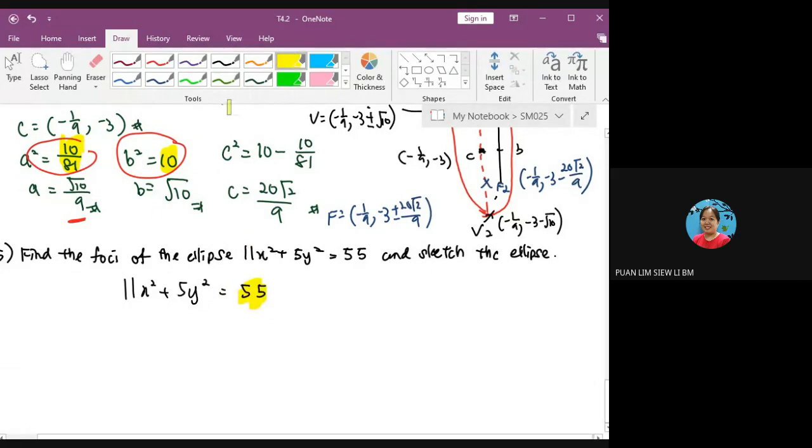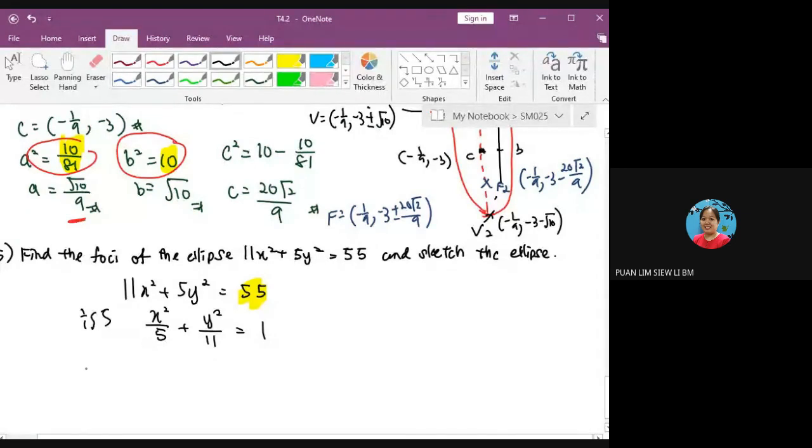So, we are going to divide by 55. So 11 divided by 55, you're left with 5. So 5 divided by 55 kat bawah. So this is 1. So this is our standard form. So sangat simple.